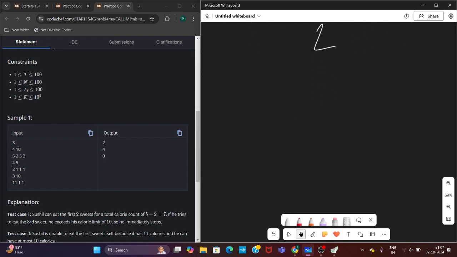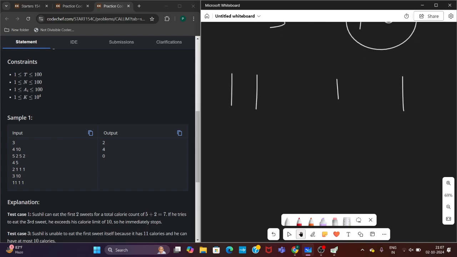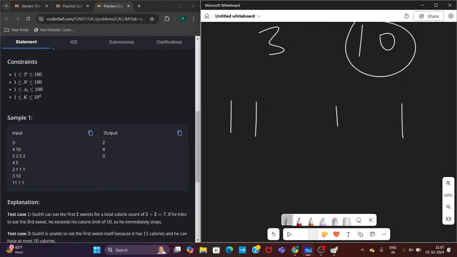Let's try to understand with another example, an edge case: 3 and 10. The calorie limit is 10 and we have been given 3 sweets whose calories are 11, 1 and 11. So the first sweet has a calorie count of 11.